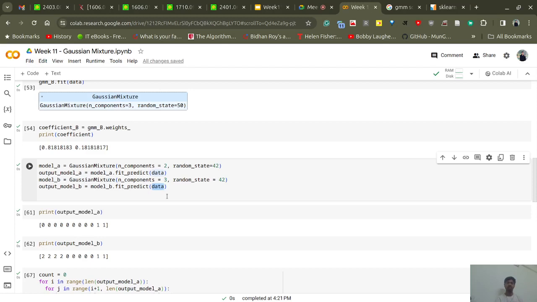So only difference is that we have two clusters here and k equal to 3 here. So you can see here also only two labels are here and three labels here, unique labels. Okay, sir.